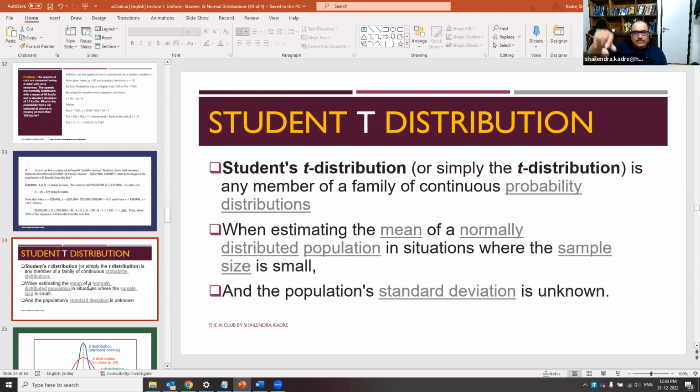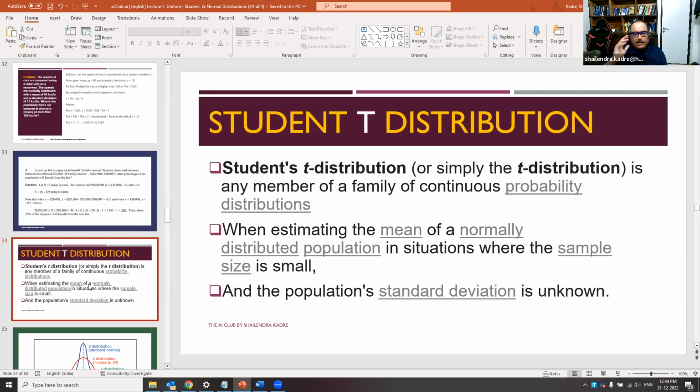Like the normal distribution, the mean, mode and median are equal and they are located at the peak. In the normal distribution we know that mean equals mode equals median and is located at the middle peak. The same thing is applicable to the student t distribution also.